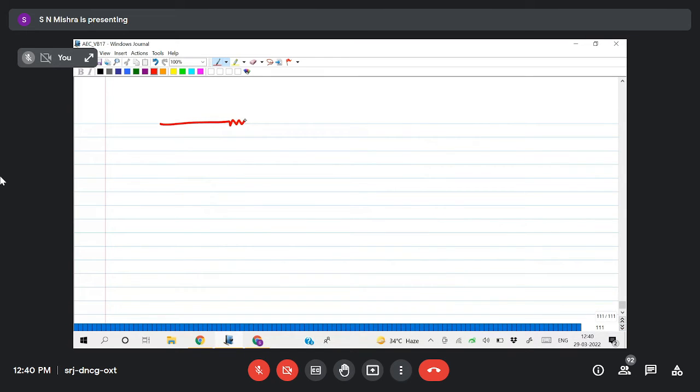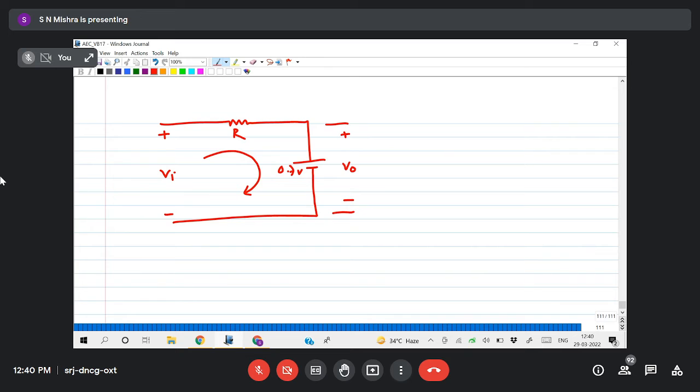Okay, now we'll do the equivalent circuit. So I'm drawing a resistor R, and in place of the diode I put a voltage source of 0.7 volt, here plus minus V naught, and here minus plus Vi. Apply KVL here. Across these two points, what is your output voltage?